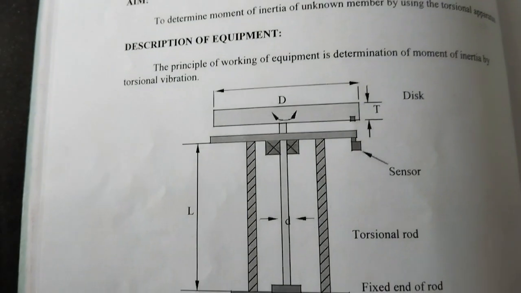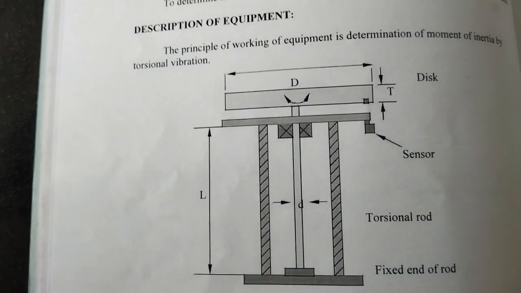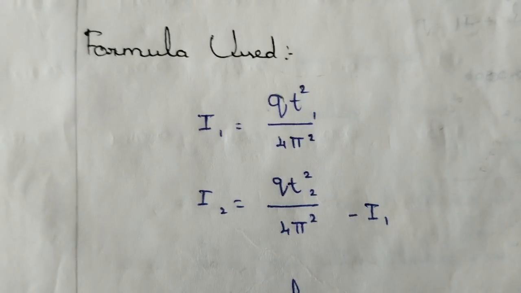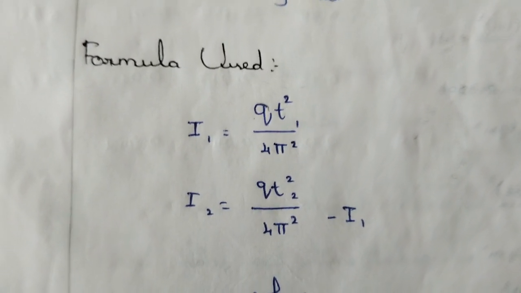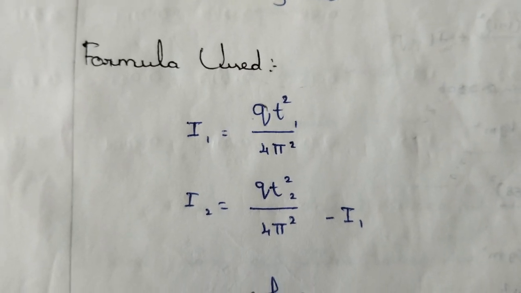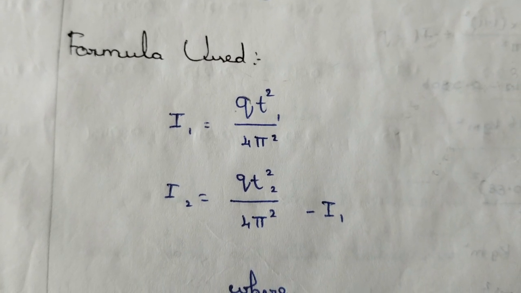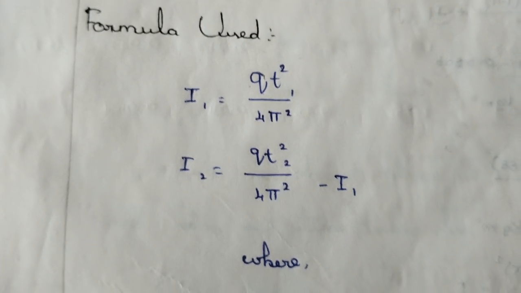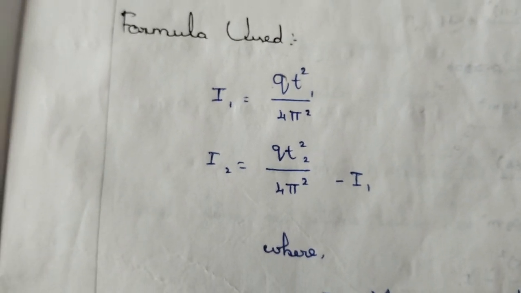Next we are going to see the formula used to find the moment of inertia. I1 is equal to Q T1 square divided by 4 pi square. I2 is equal to Q T2 square divided by 4 pi square minus I1.